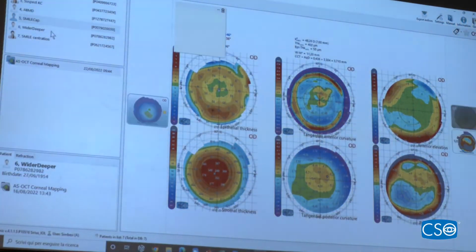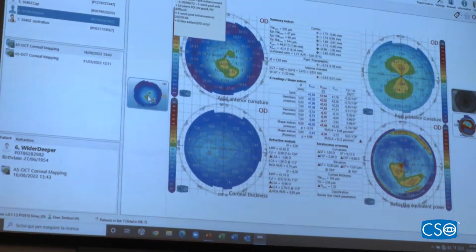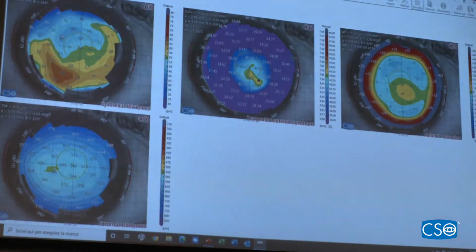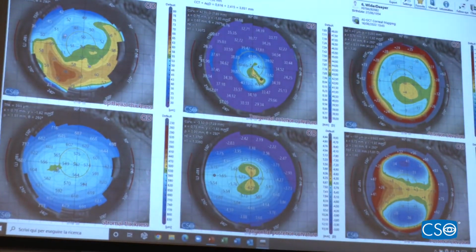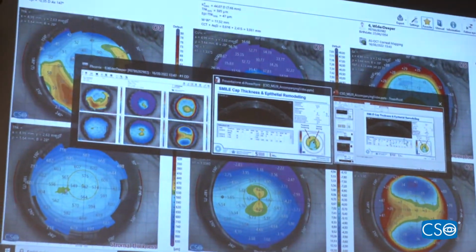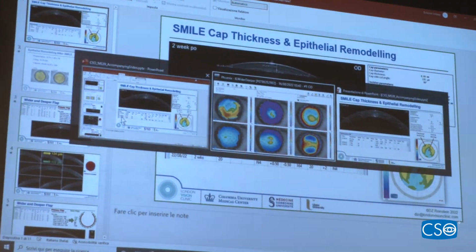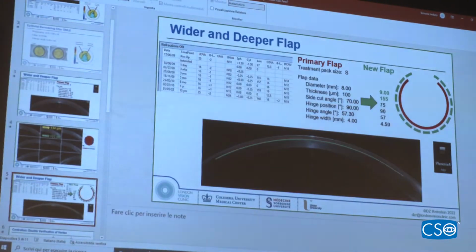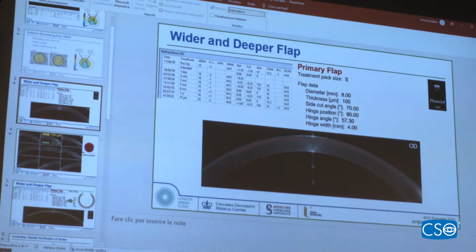So if we go now to another example, where we are going to plan a new flap in a case that already had a flap. This is a patient of mine who I did surgery on. I selected the wrong one, that's right.